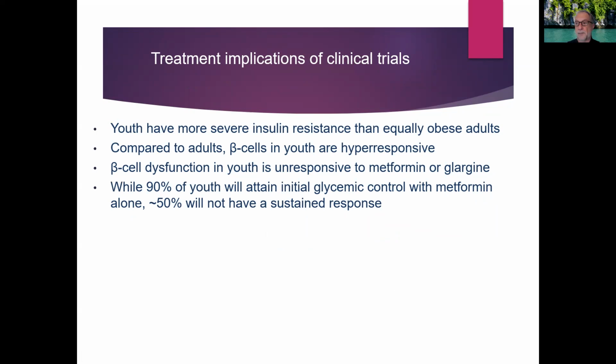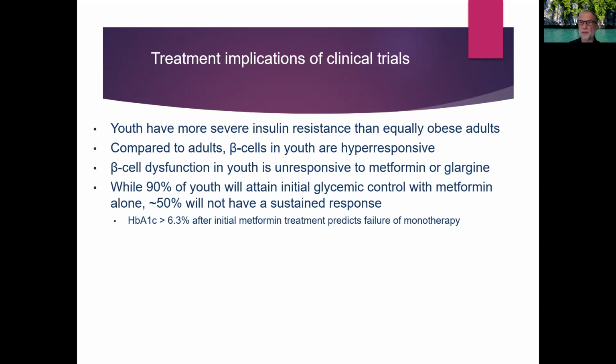Something we didn't quite talk about, but does come from TODAY and the TODAY papers that are in the literature, is that while 90% of youth will attain initial glycemic control with metformin alone, 50% will not have a sustained response. And I showed you that primary outcome data.